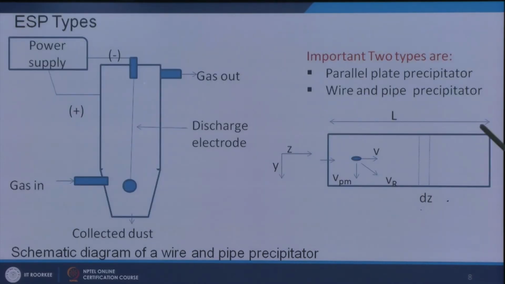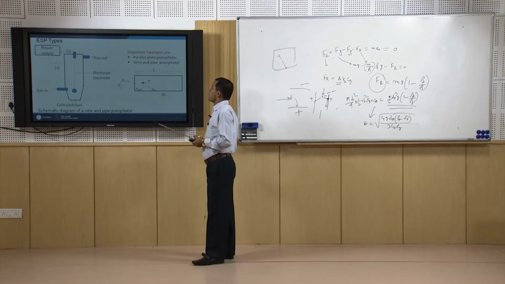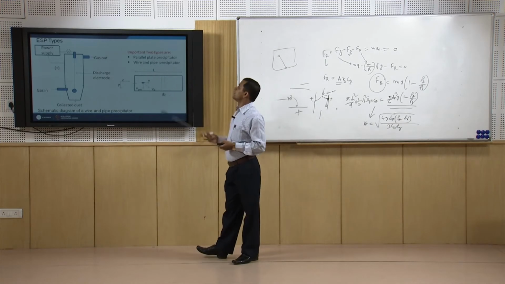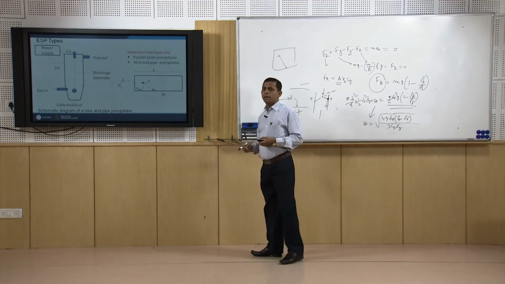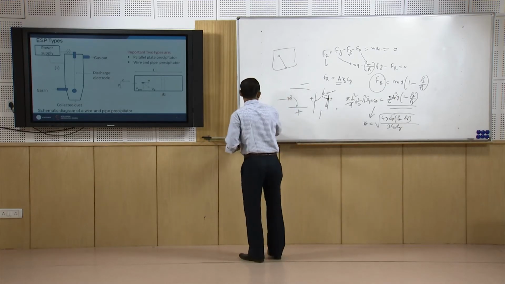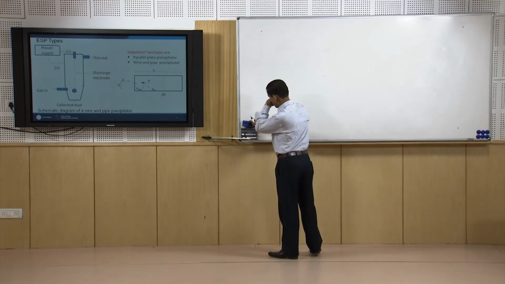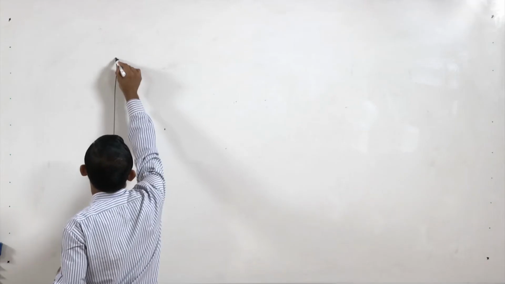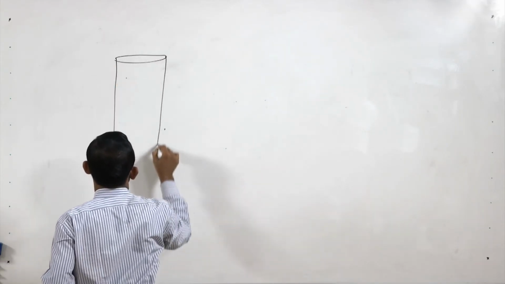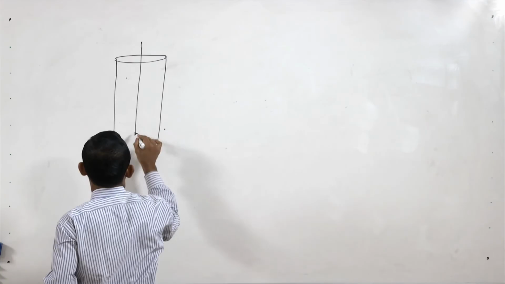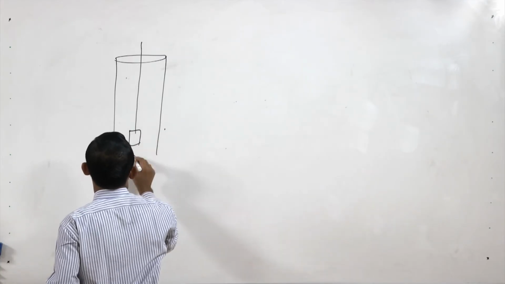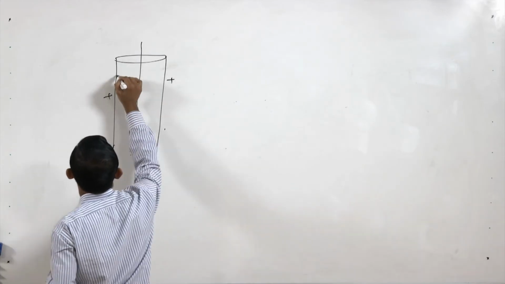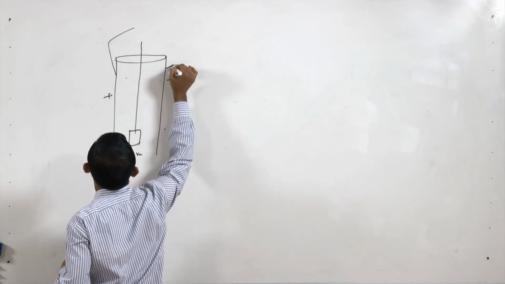Another type of ESP is called the wire and pipe precipitator. What happens in this case? Say one pipe is there, and we put an electrode with negative charge, and the pipe is with positive charge.